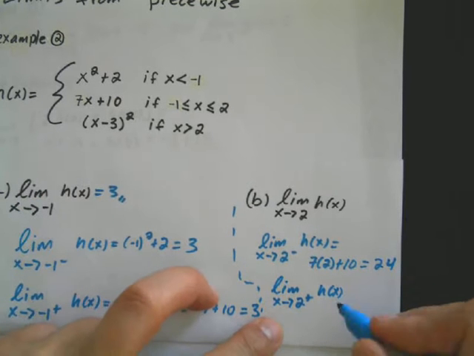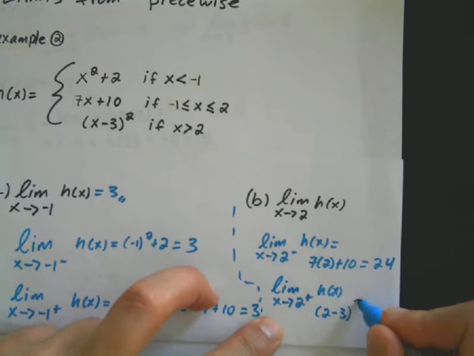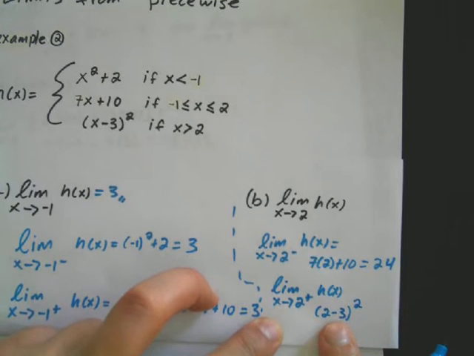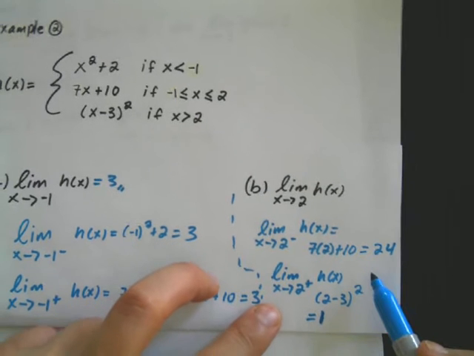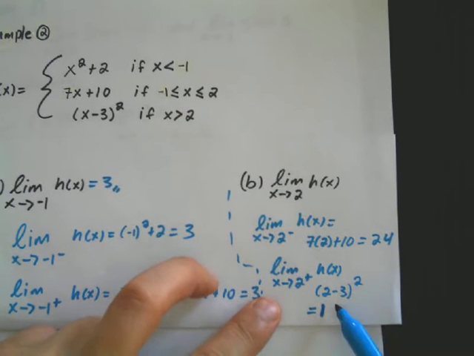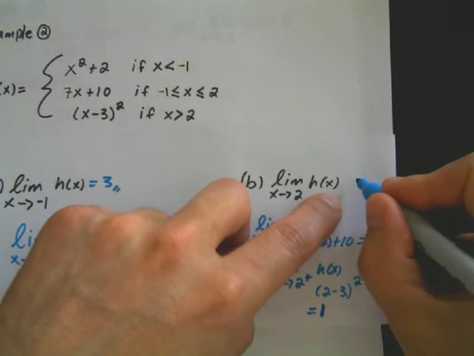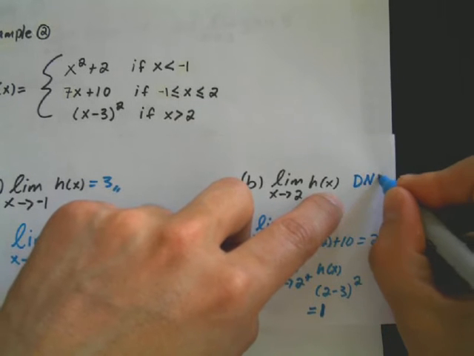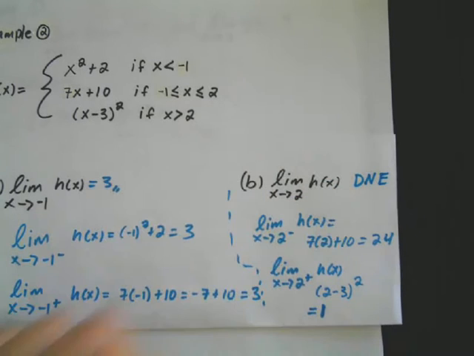It's going to be 2 minus 3 quantity squared. This is going to give me -1, and if I square -1, I end up with +1. And as you can clearly see, these numbers are not the same. It's not going to be the same limit. So this limit over here would say does not exist, and that's the answer.